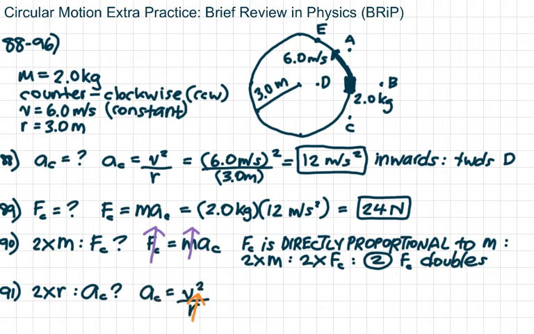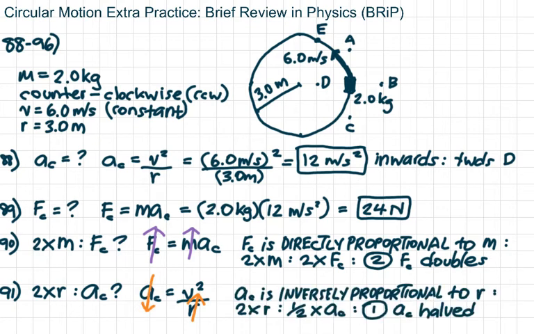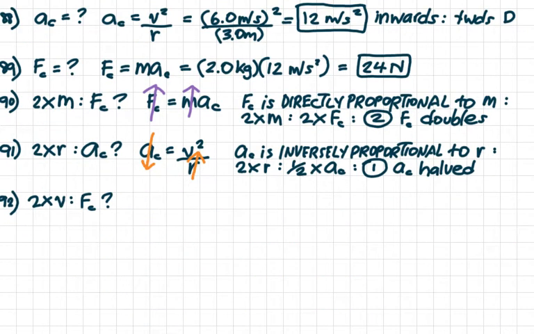If you increase the radius, you decrease the centripetal acceleration, because centripetal acceleration is inversely proportional to radius. As radius goes up, centripetal acceleration goes down. So if you were to double the radius, the centripetal acceleration would be halved. Choice 1.